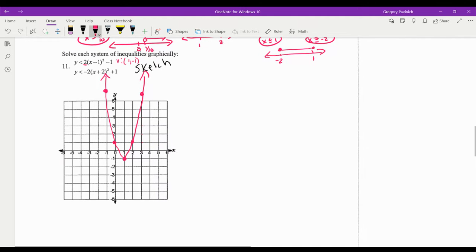And then my next one is -2, -1, or +1. And if I go 1 away and I square it, I get 1 times -2 is down 2. And 2 away is -8. So 1, 2, 3, 4, 5, 6, 7, 8.